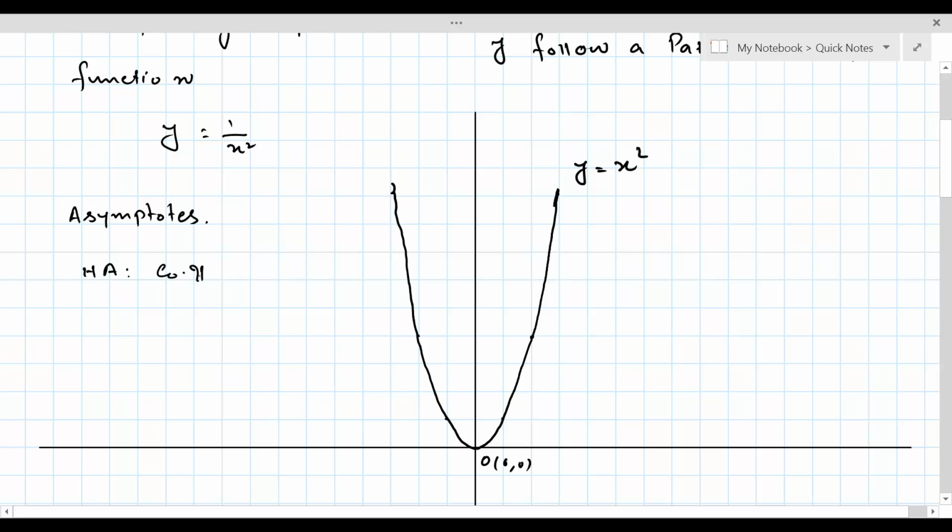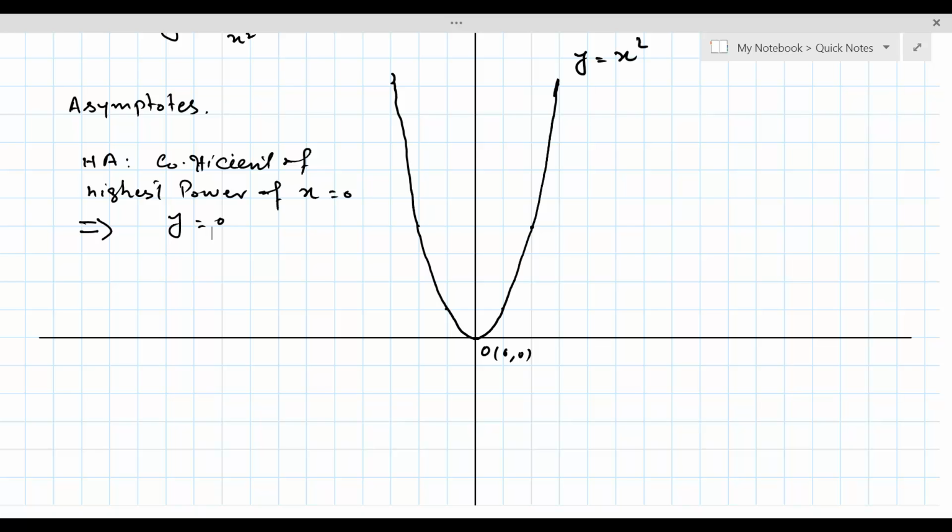Coefficient of highest power of x equal to 0 means y is equal to 0. So this is the asymptote. Y is equal to 0 means the x-axis itself. Therefore, here is our one asymptote, which is y is equal to 0.